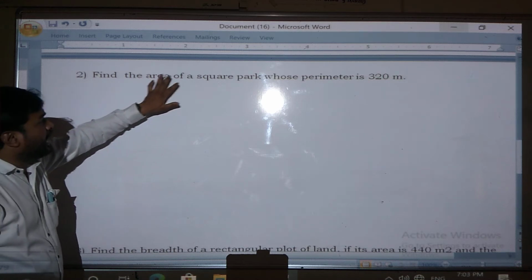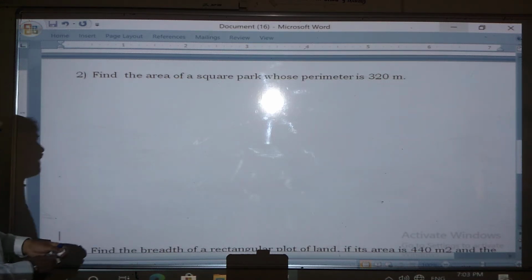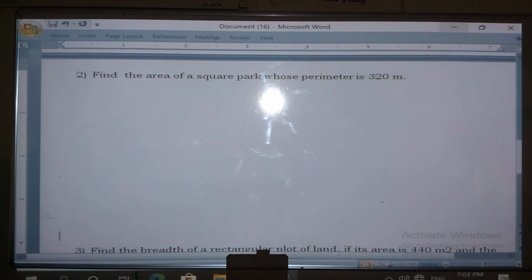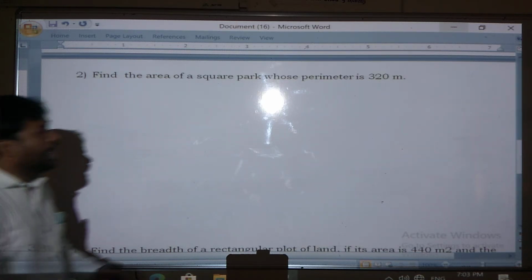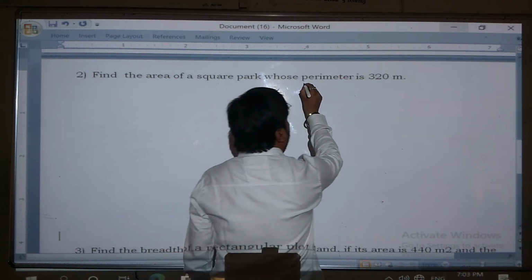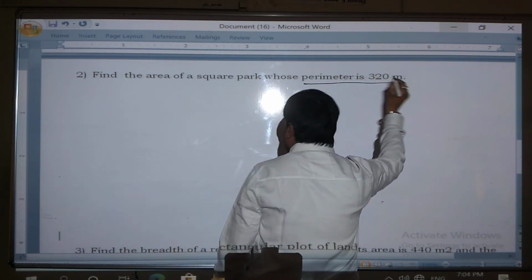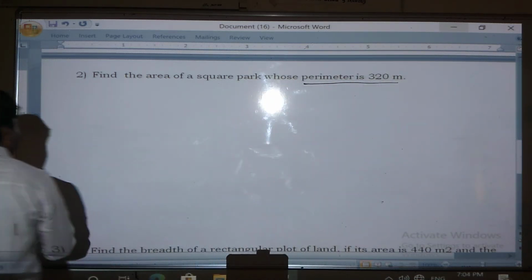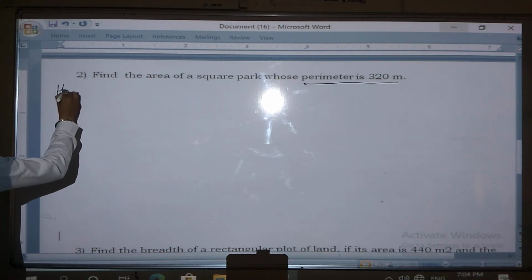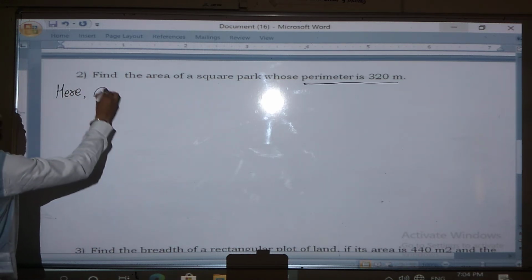And to find area of square, what is required? Length. Length is not there. But it is hidden in the question. So here one thing is given to you. Perimeter is 320 meter.